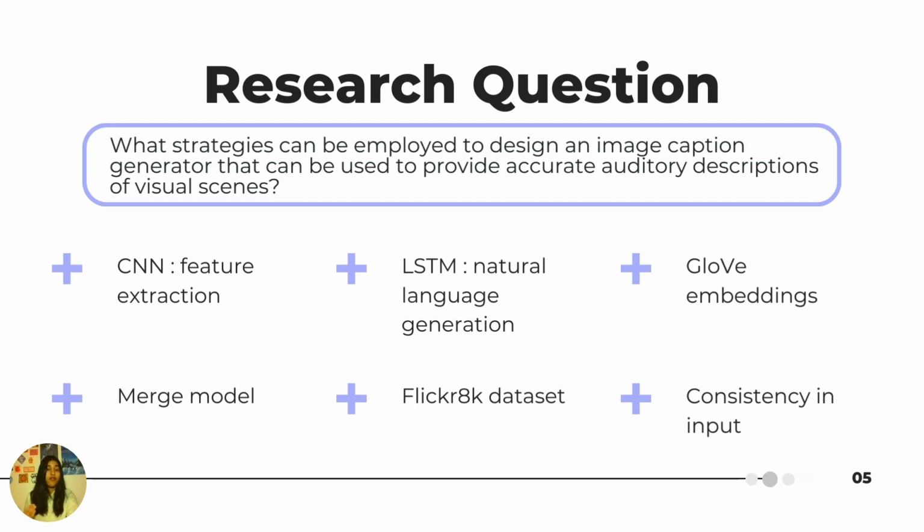The incorporation of GloVe embeddings enhances the process by presenting the words as vectors, providing a nuanced understanding of context. The innovative aspect lies in the merge model, which seamlessly integrates CNN and LSTM outputs to form a comprehensive representation of an image. This not only ensures caption generation but also contributes to the real time capabilities of the system.